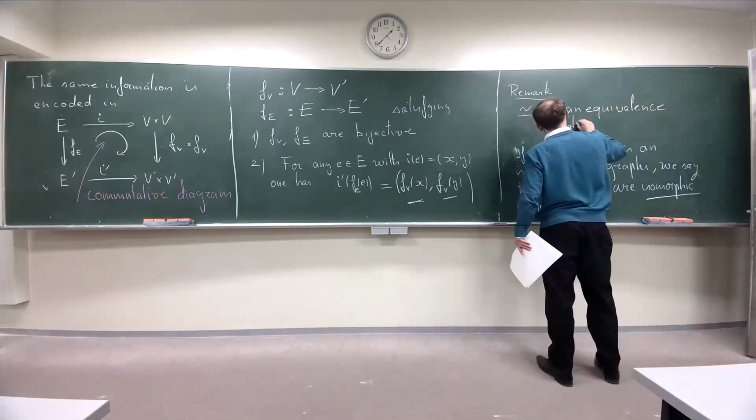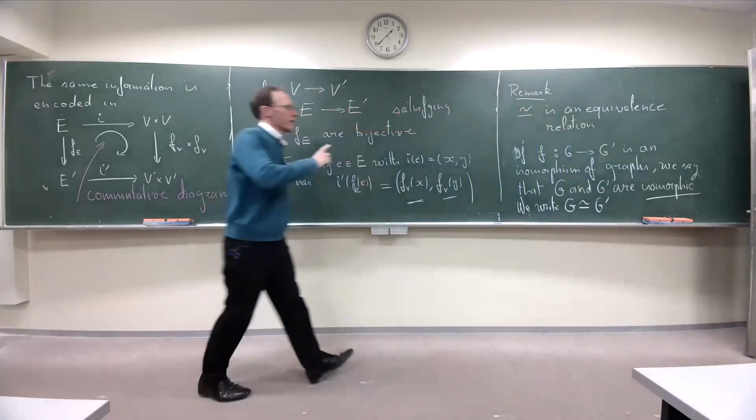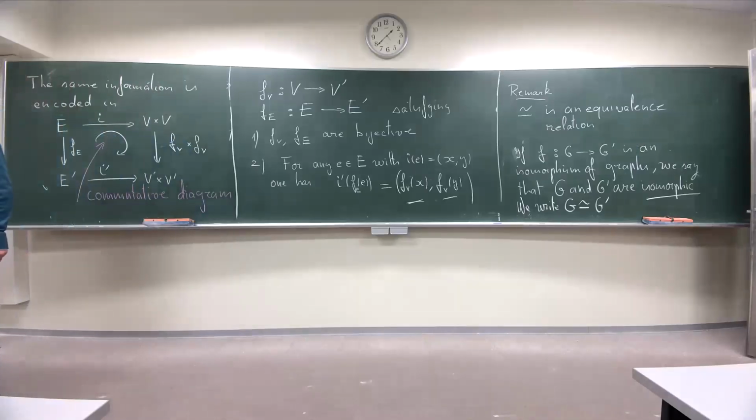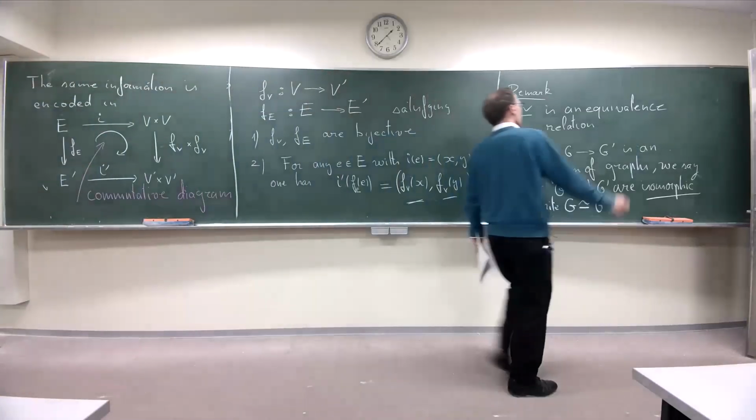If you don't know, you Google it. I'm not going to say it, but it means it's 3 conditions. G is equivalent to itself. If G is equivalent to G prime, then G prime is equivalent to G. And if G is equivalent to G prime, which is itself equivalent to G second prime, then G and G second prime are equivalent. This is the meaning of an equivalence relation.